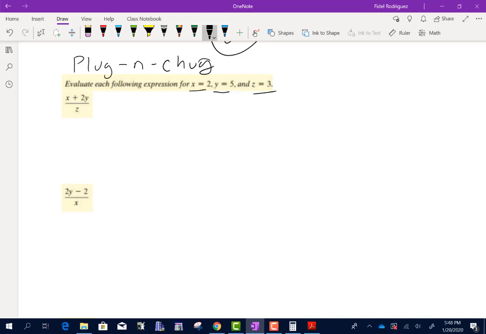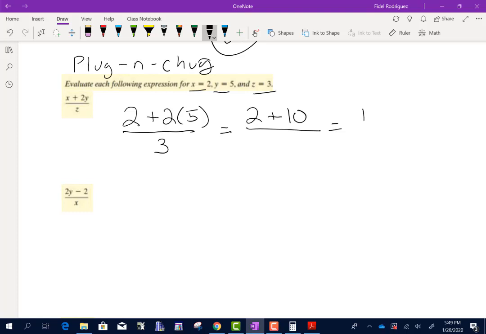Okay, so let's do this. 2 plus 2 times y, which is 5, all divided by 3. Let's take care of the top first. 2 plus 2 times 5 is 10. Okay, 2 plus 10 is 12. Now the bottom is just 3, and 12 divided by 3 is 4, right? Okay.